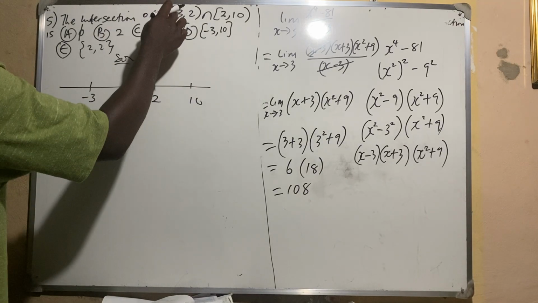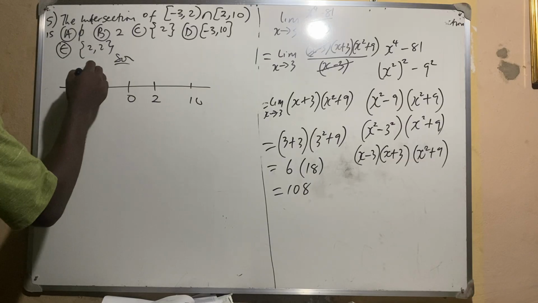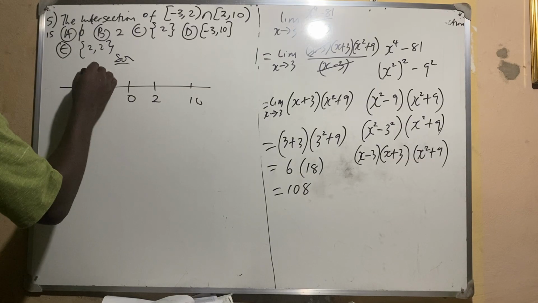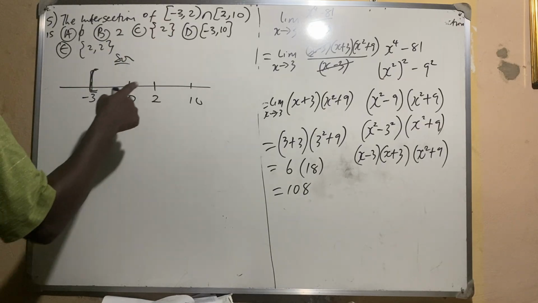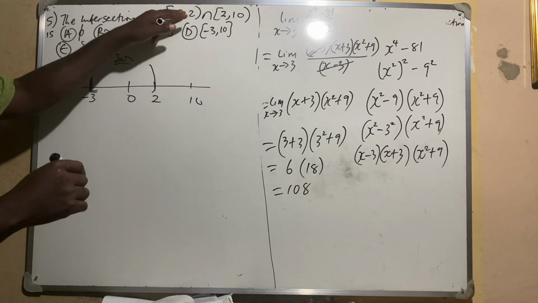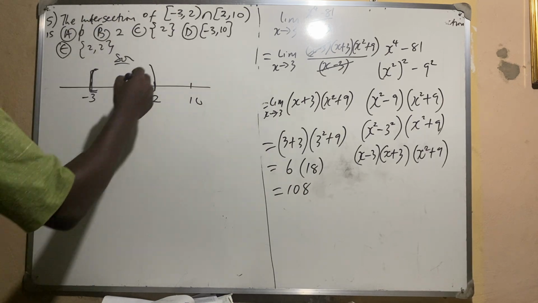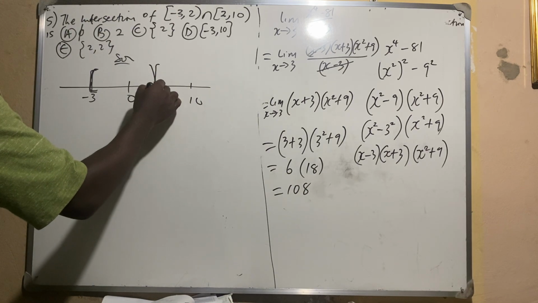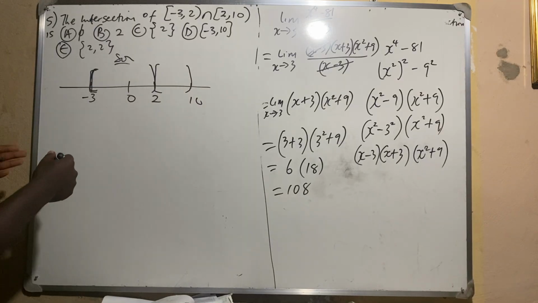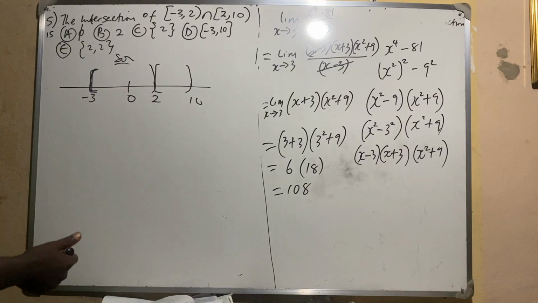Now, from minus 3 to 2, you put this type of bracket, a closed bracket, because it is closed. Then here is an open bracket at 2. This one is for the first one. Now for the second one, from 2 now to 10.